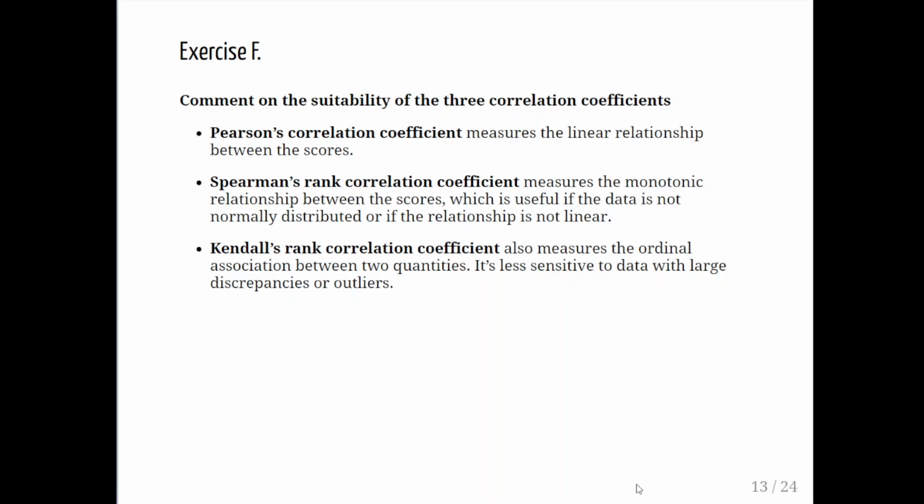There's an argument to be made that this data set is not normally distributed. Kendall's rank correlation coefficient also measures the ordinal association between the two quantities. It is less sensitive to data with large discrepancies or outliers.